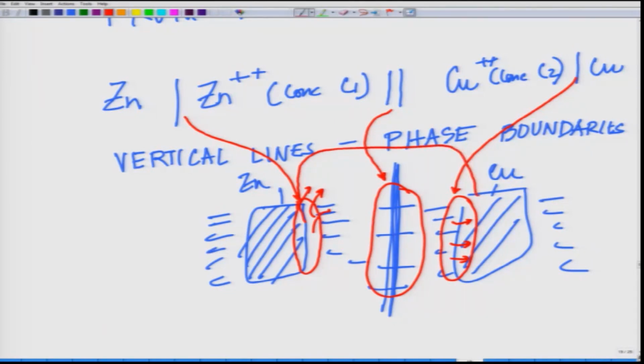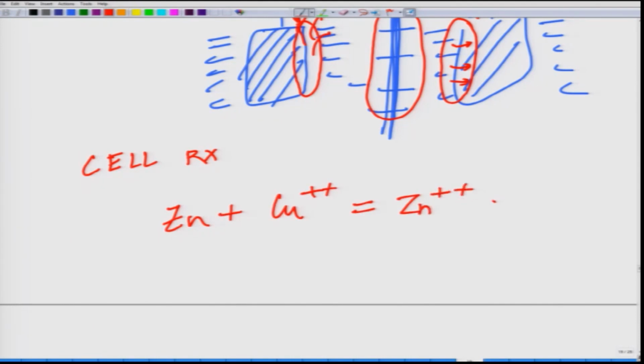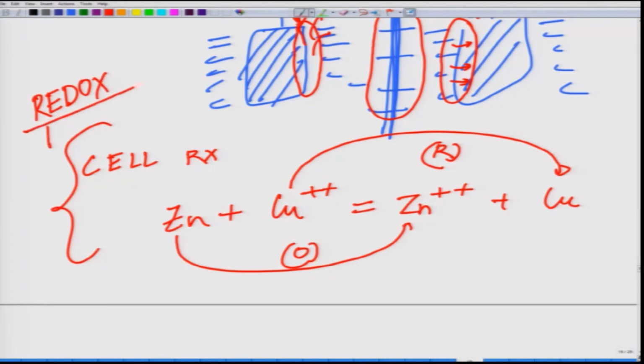This is the way you are indicating the reaction, and the real electrochemical cell reaction is like this: zinc plus Cu2+ equals Zn2+ plus copper. Zinc went through an oxidation, copper went through a reduction, and this is what the whole redox chemistry is all about.